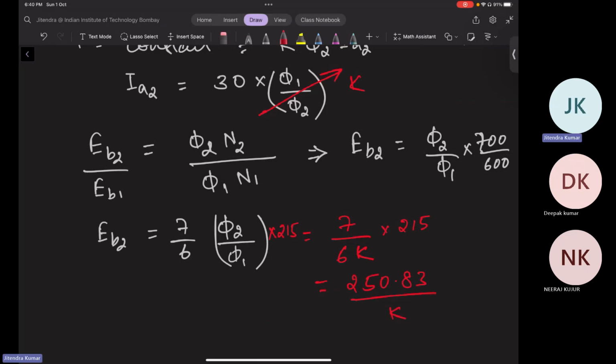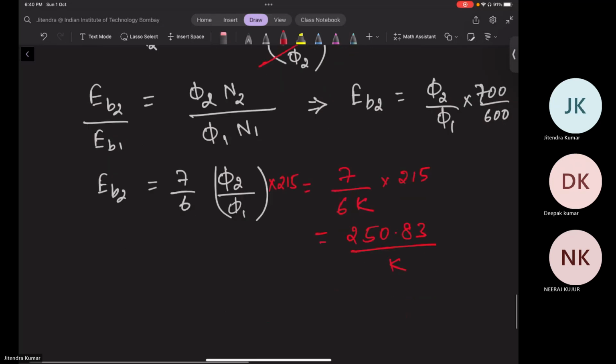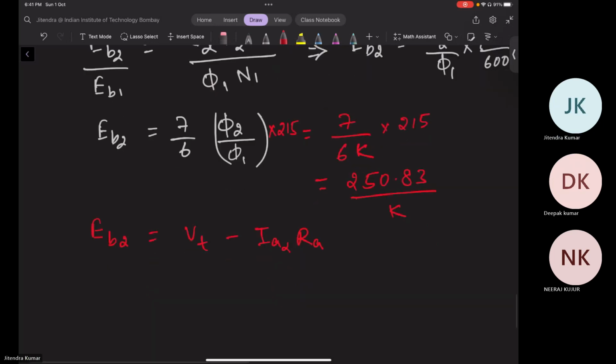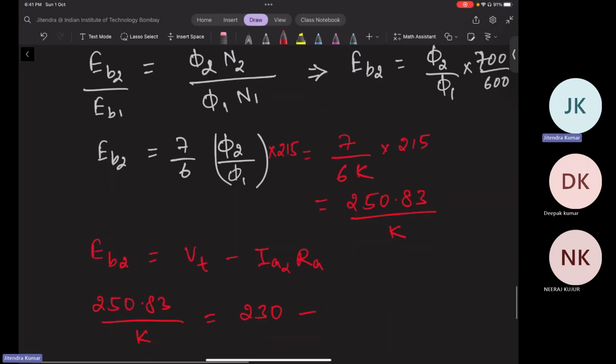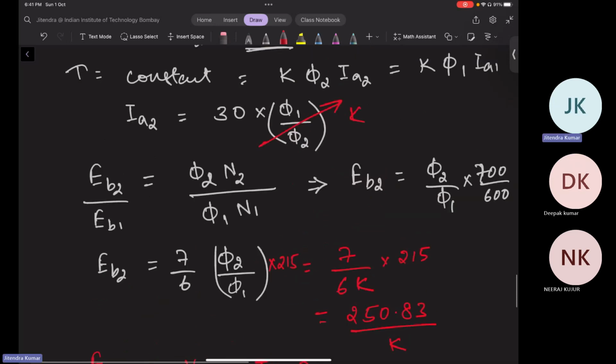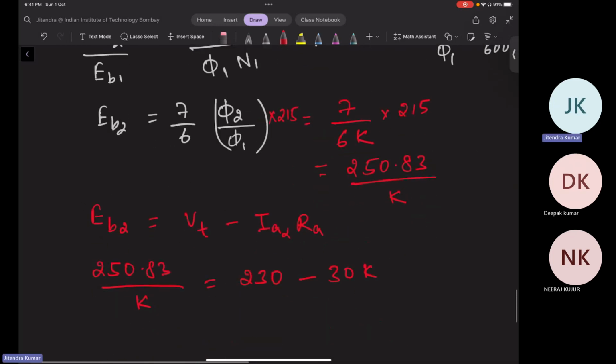Okay, now I think we are fine. So now we can equate EB2 is equal to VT minus IA2 into RA. EB2 is 250.83 divided by K is equal to VT, which is nothing but 230, minus IA2, which is 30K, into RA, which is 0.5.